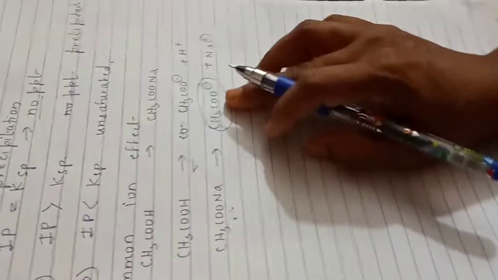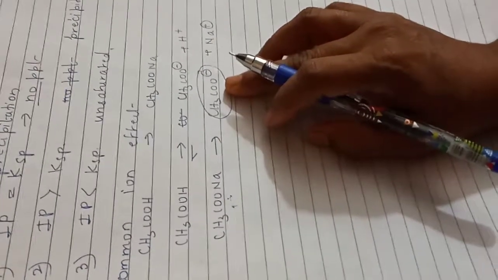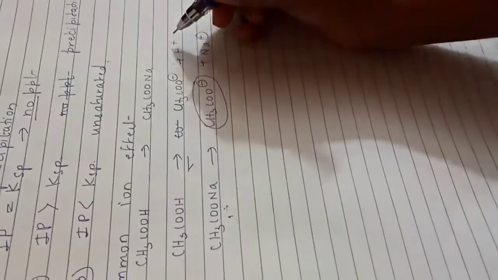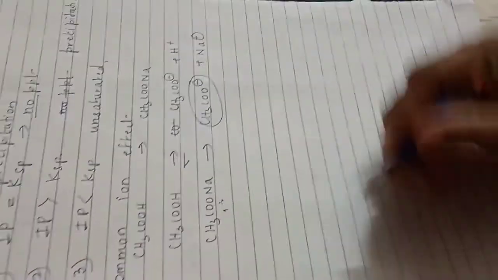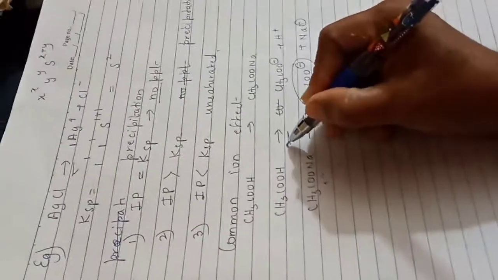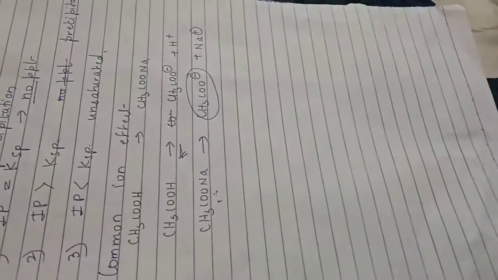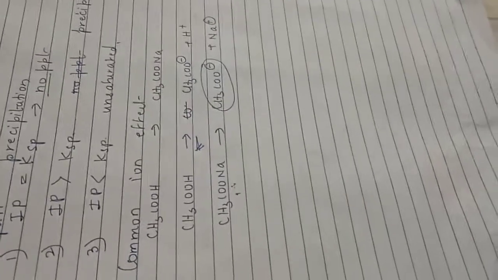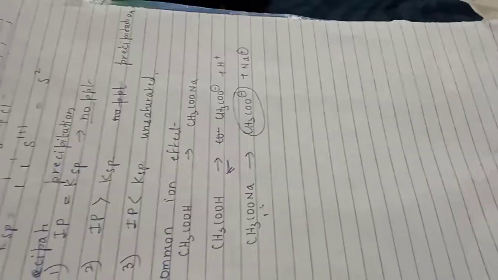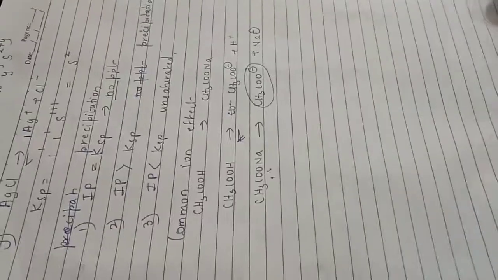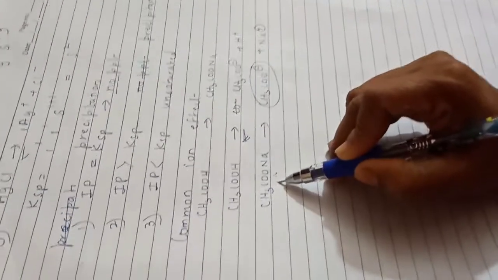These excess acetate ions react with H plus, and the equilibrium shifts towards the left, giving back unionized acetic acid. So the ionization of acetic acid is suppressed. Why? Because sodium acetate is a strong electrolyte.